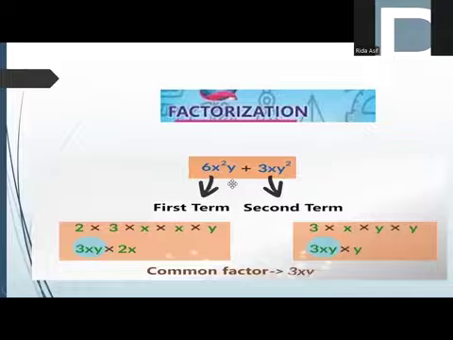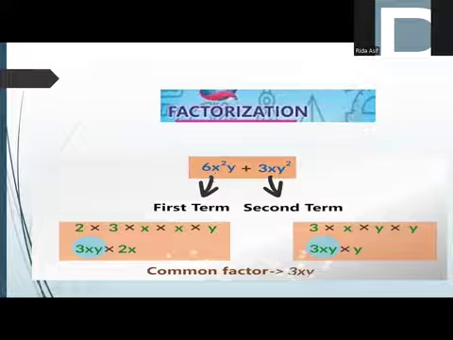Now, that was a monomial. Now, if we have a binomial expression 6x squared y plus 3xy squared, this is the first term, and 3xy squared is the second term. So, if we have a binomial expression, how can we factorize it?